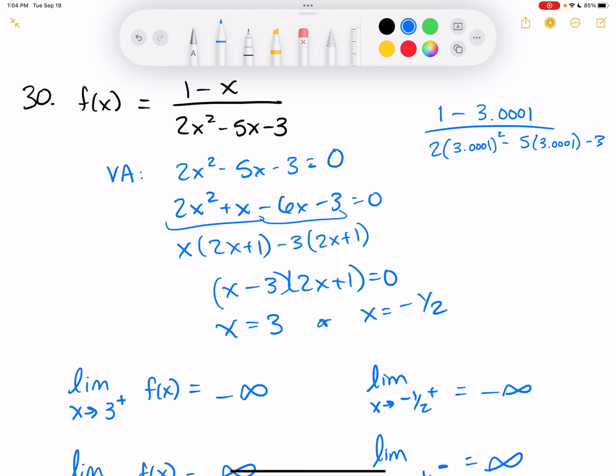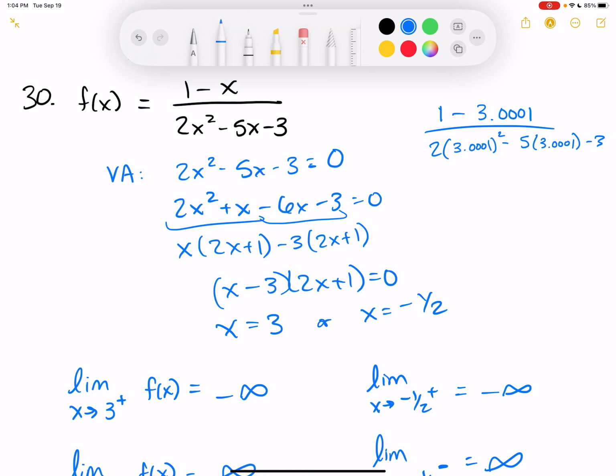And that would give you a big negative number, and that's why it would be negative infinity. Because this top number is negative, and the bottom number is going to end up being positive, a big number over a really small number. So it's going to end up being infinity, and it was negative because of the top.